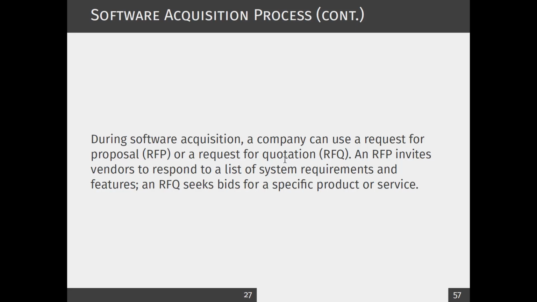They can create a proposal and evaluate, because they know better than us. We will tell them what exactly we are doing here, and they can come up with their own strategies, right? So using a request for proposal, the vendors can respond, they can list all the system requirements and features, and they can bid for a specific product or service.